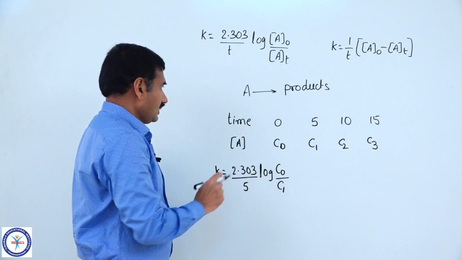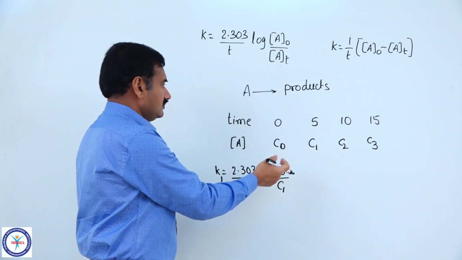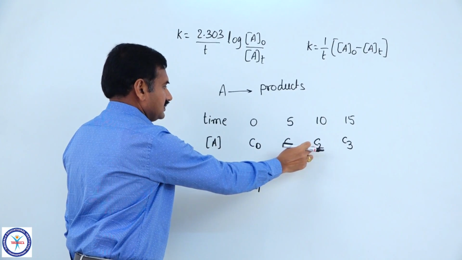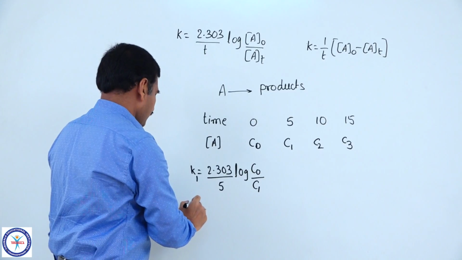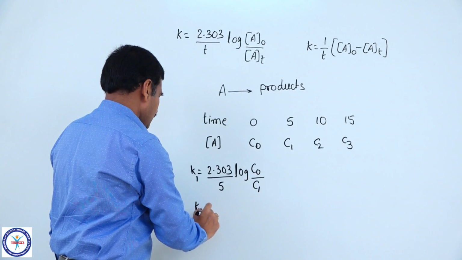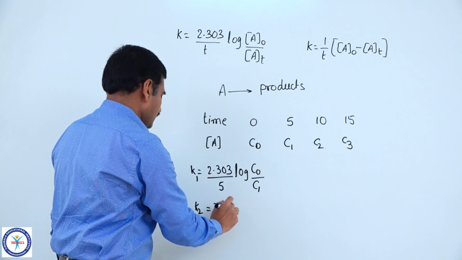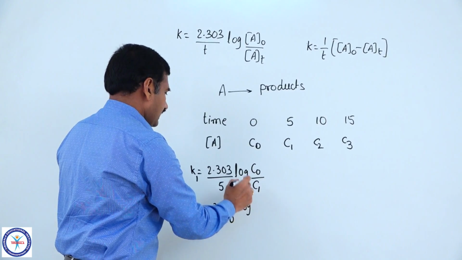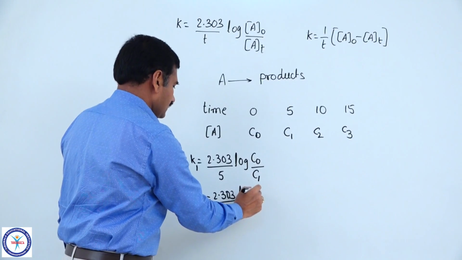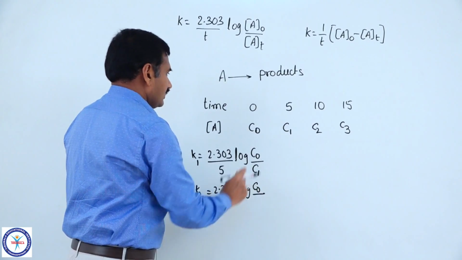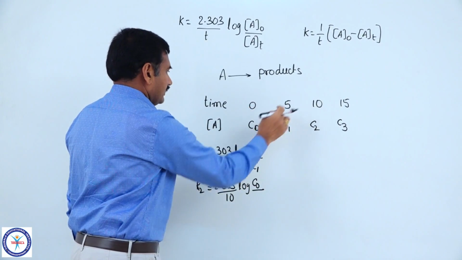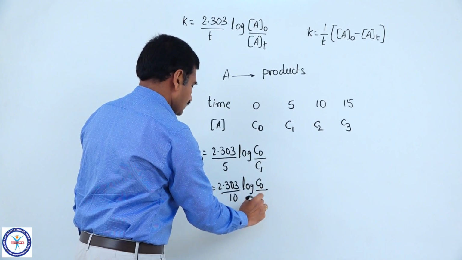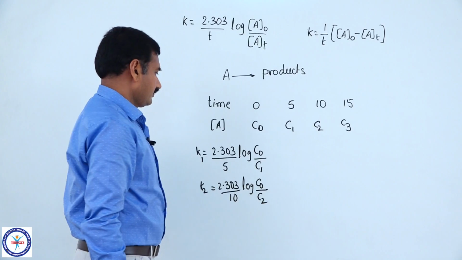Similarly, by substituting another value, that means at a time t equal to 10 minutes, by substituting the C2 concentration, find out the value of K, let it be K2. K2 equal to 2.303 by 10 into log, again initial concentration at time t equal to 0 is C0, and from the time interval 0 minute to 10 minutes, the concentration changed from C0 to C2, so the final concentration is C2.